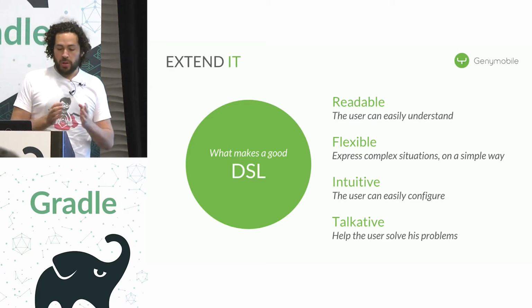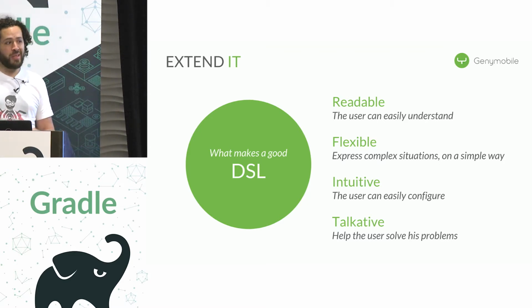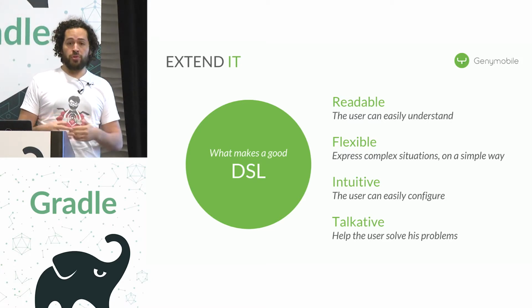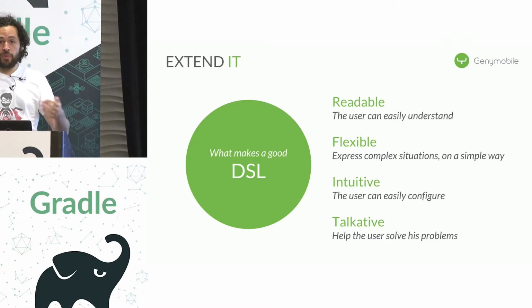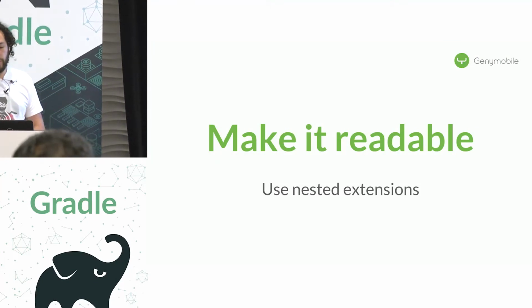Talkative because you will see the discoverability of Gradle plugins and DSLs is not that good. There is no auto-completion, things like that. So the only way for your user to get feedback from you is that you tell them something is wrong.